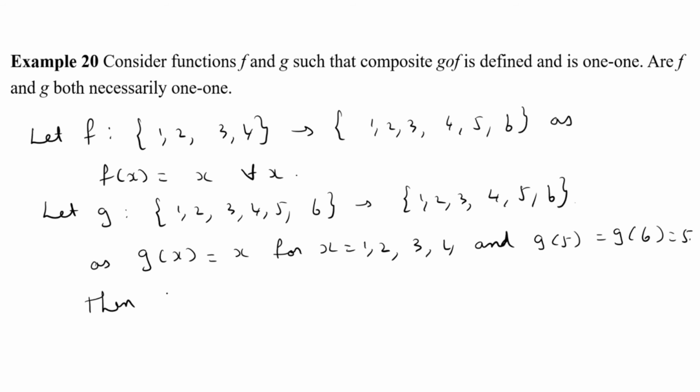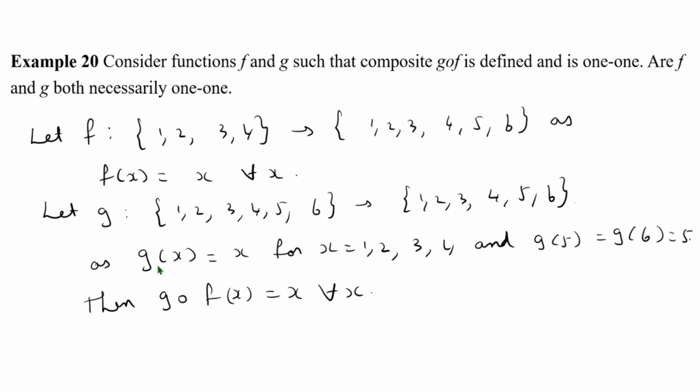Then we can see that g of f of x is equal to x for all x. So here when we take x equal to 1, 2, 3 and 4, it will be equal to x for all x. Here we can see that f is 1 to 1.